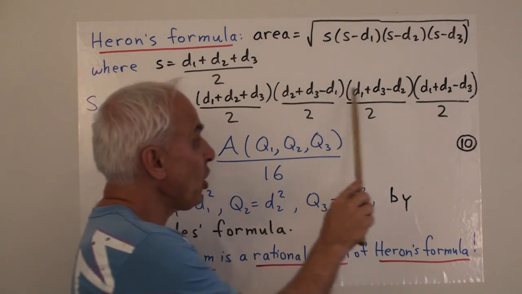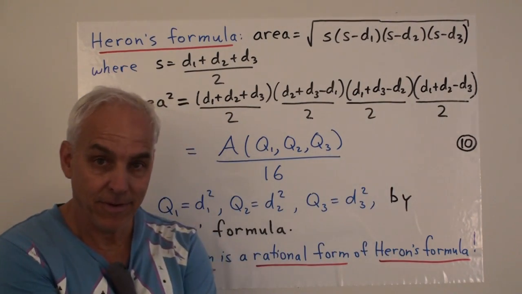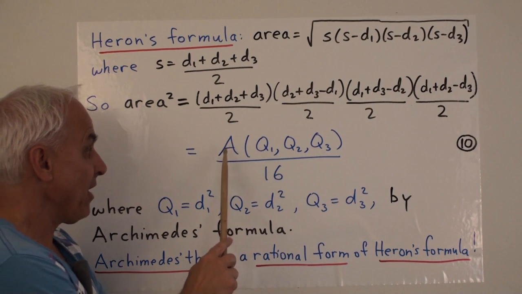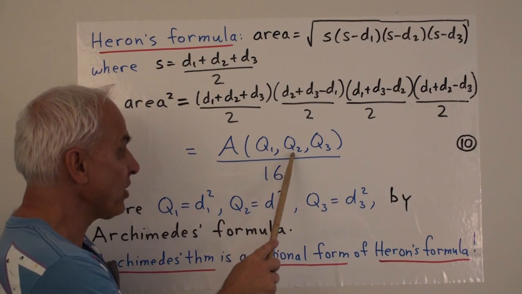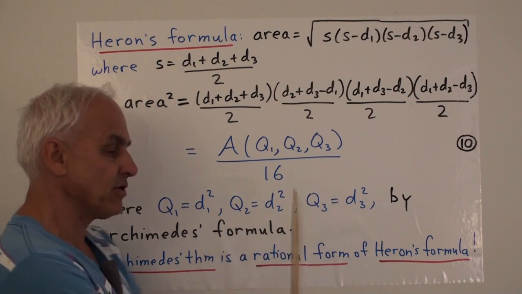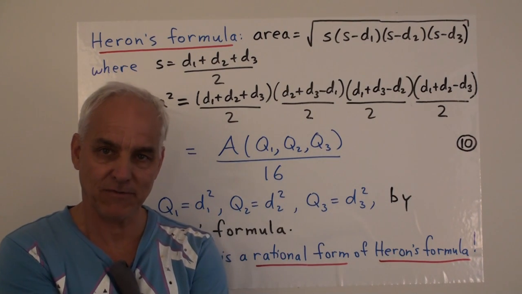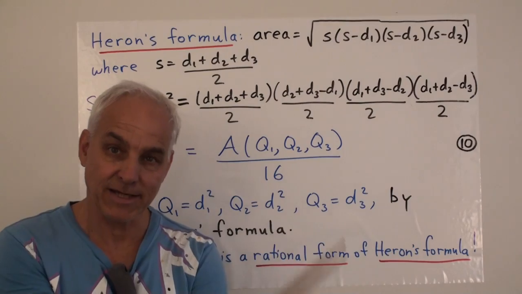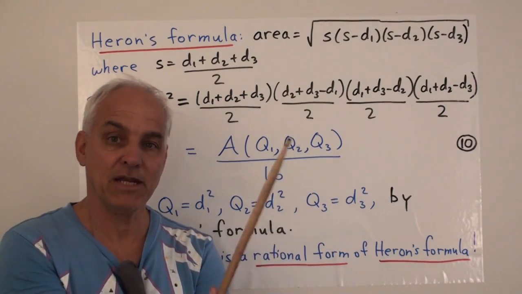And the product of these four terms, that's exactly Archimedes' function of Q1, Q2, Q3, where Q1, Q2, and Q3 are the squares of d1, d2, d3 respectively. That was exactly what we called Archimedes' formula.